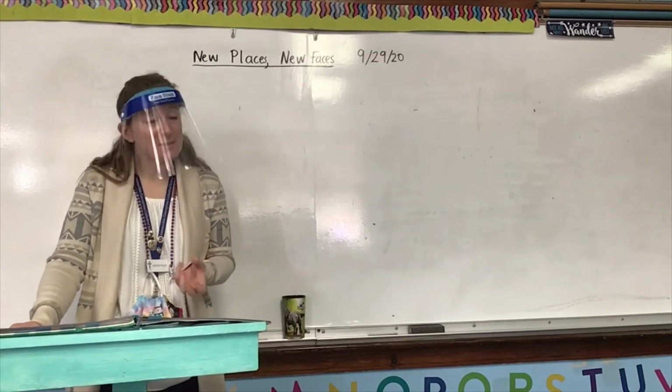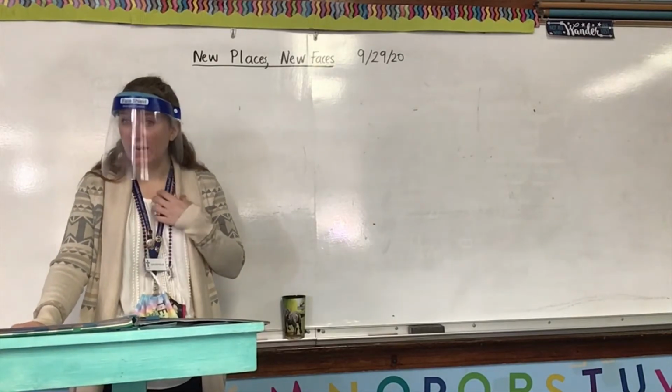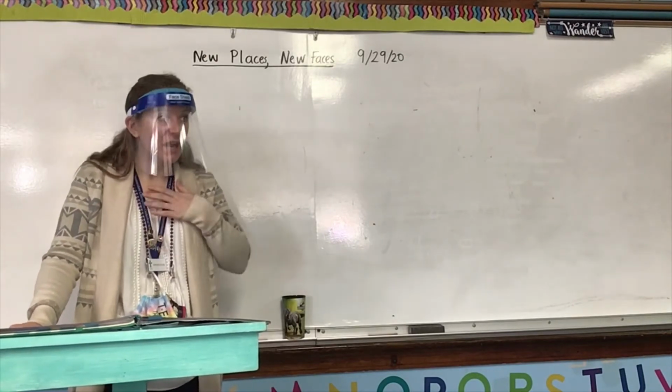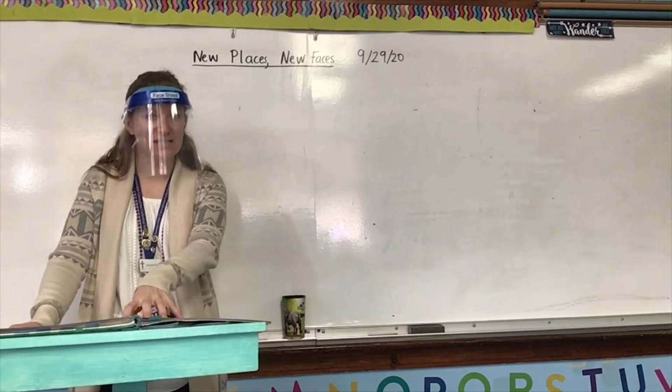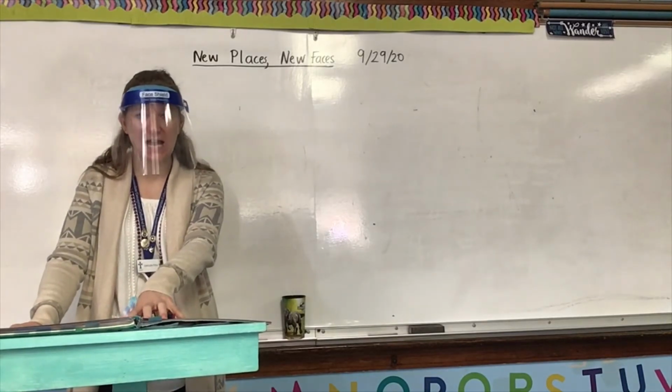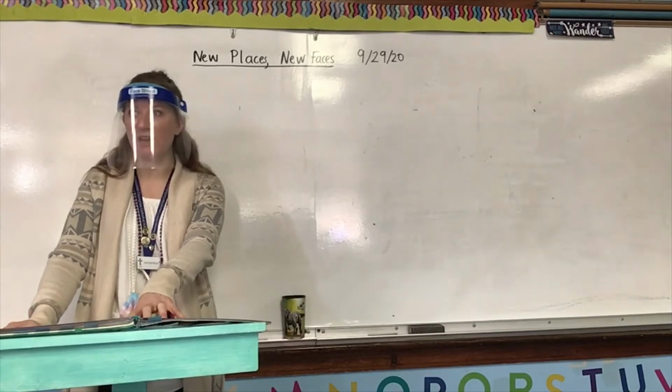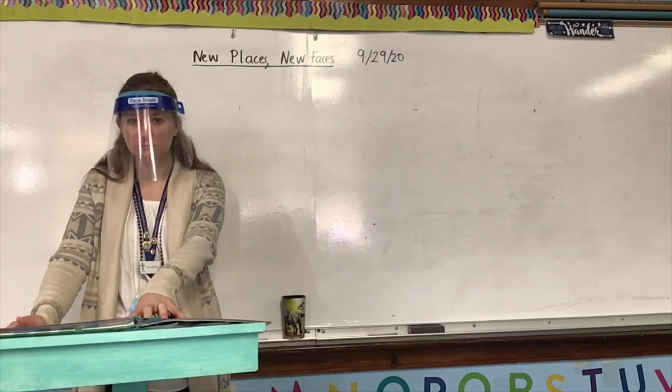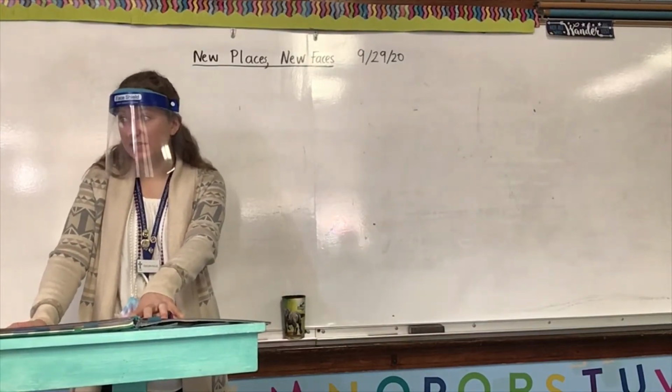So, what this picture actually is, which you don't know, but I do because my book tells me, is this is a picture at Ellis Island. Who knows what Ellis Island is? Does anybody know what Ellis Island is? You do, Kingston?